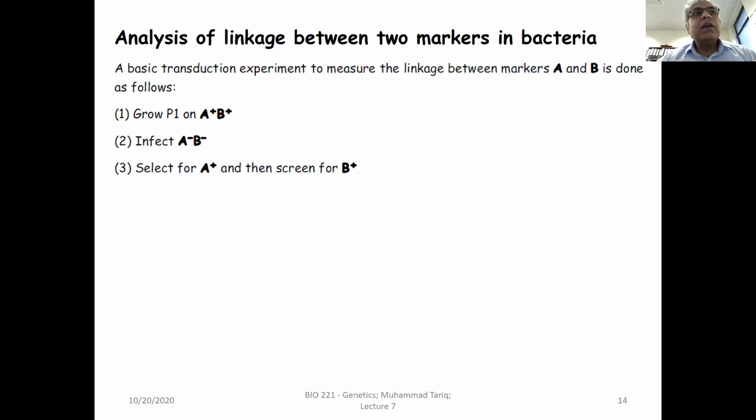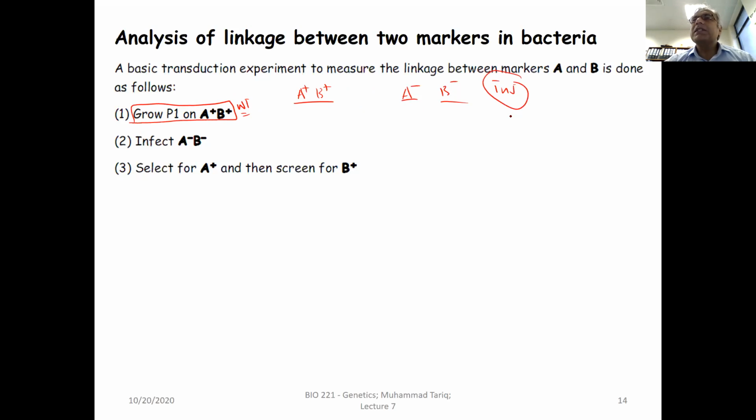What you can do, let's say you grow P1 phage on wild type bacteria whose genotype is A plus B plus. You have mutants for A minus, B minus already, and these mutants could be Tn5 transposon driven mutants.